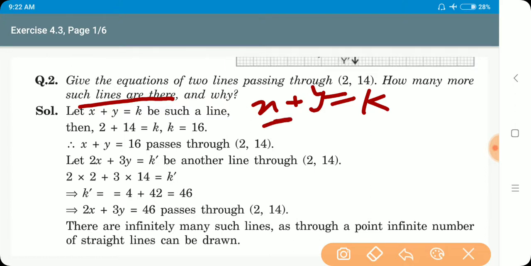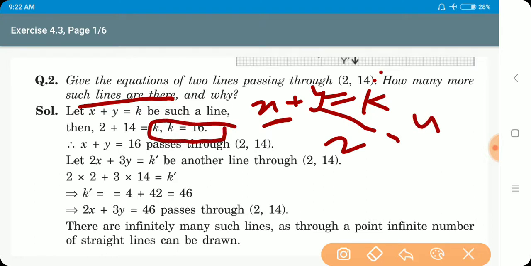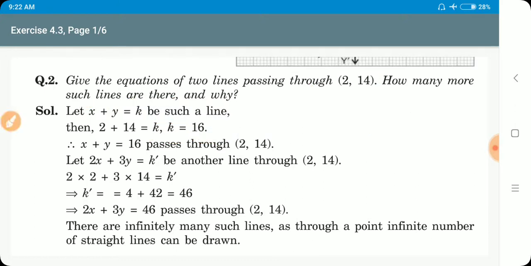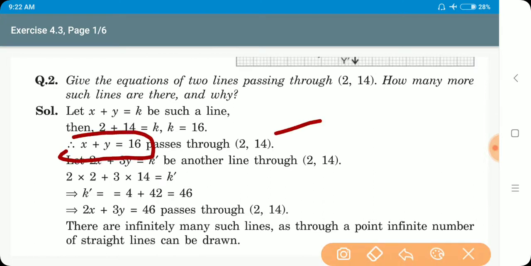So your x value is 2 and y is equal to 14, so you get k is equal to 16. You get or not? You get. So x plus y is equal to 16, which passes through this point.